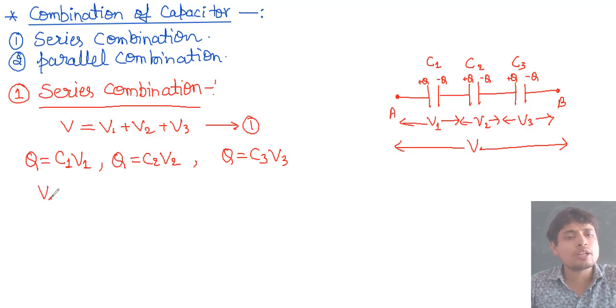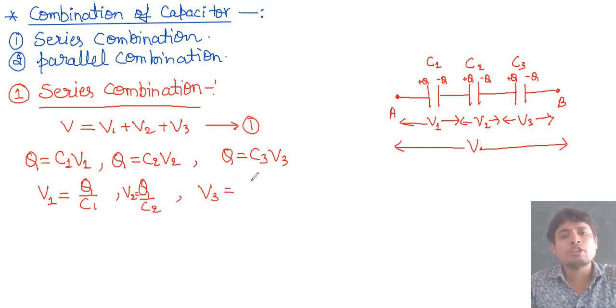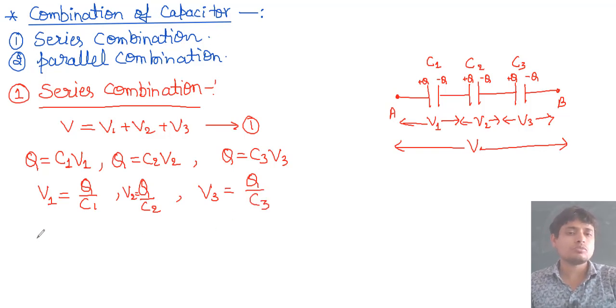Here you can calculate the value of V1. It will be Q upon C1. V2 will be Q upon C2. V3 will be Q upon C3. Now put it in the above equation 1.